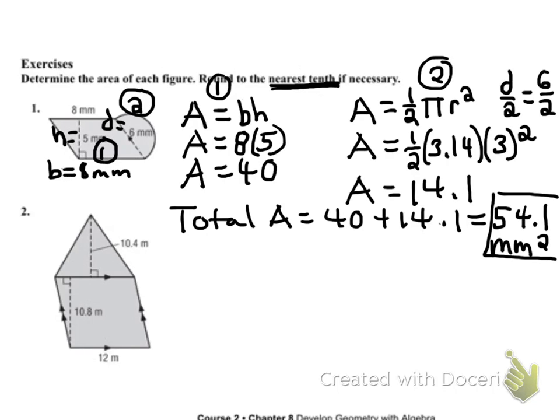What we have here is a triangle, so we'll call the triangle number 1. And we have a parallelogram. Let's call that number 2. So for number 1, the area of a triangle equals 1/2 the base times the height.